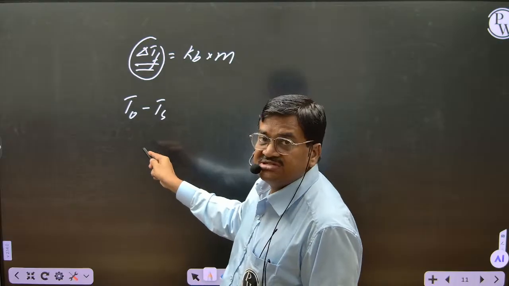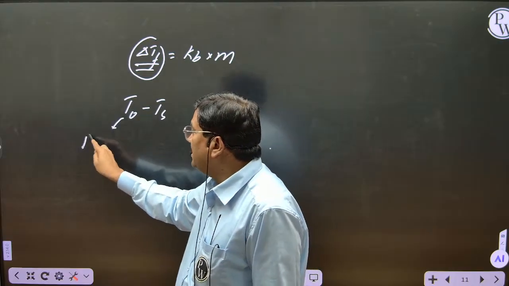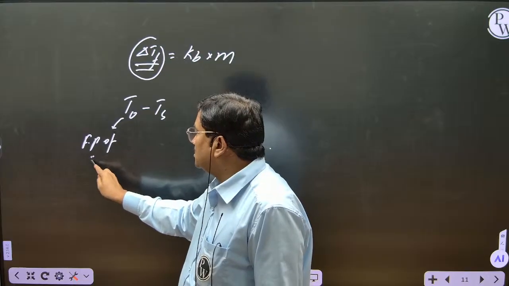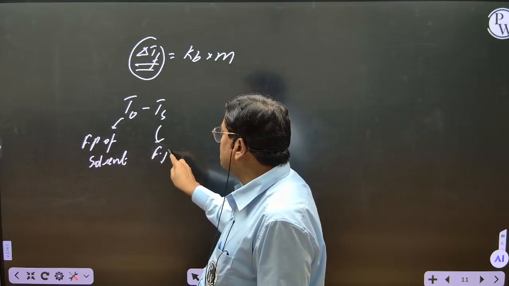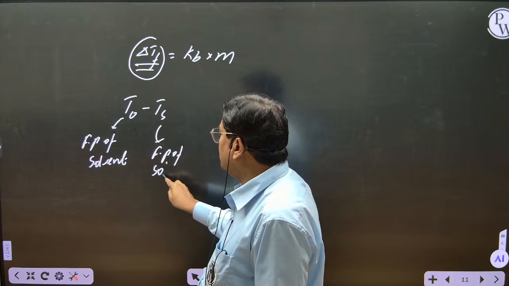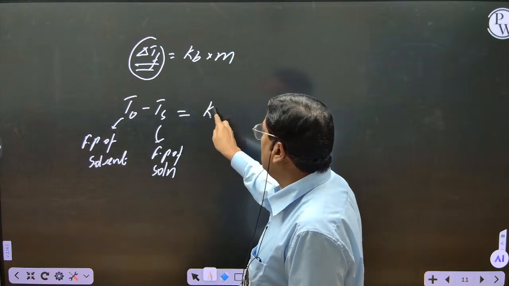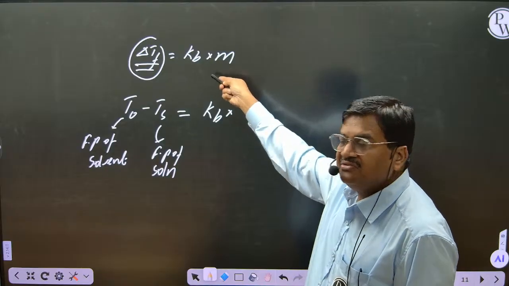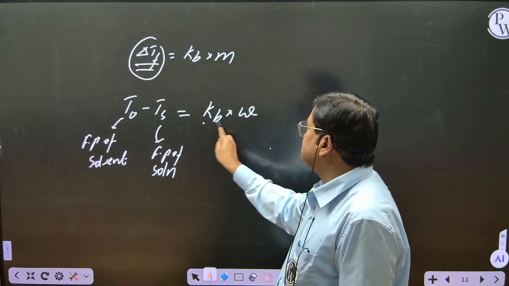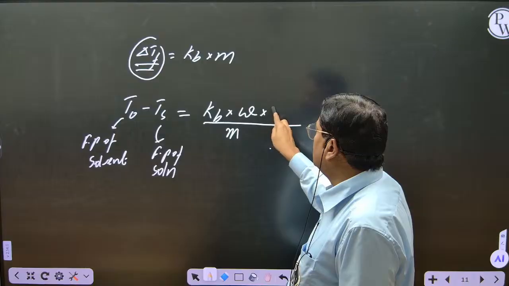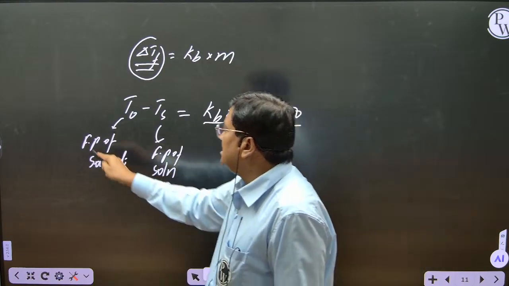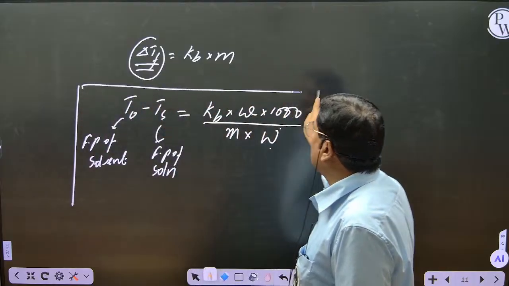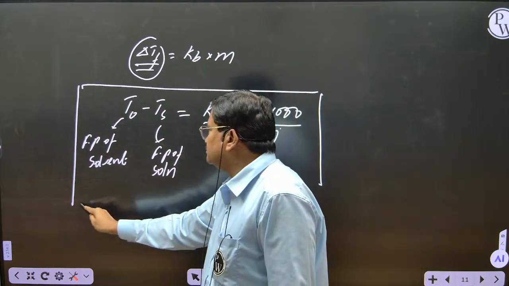T0 is the freezing point of solvent, which will be more, and this is the freezing point of the solution. This will be equal to Kf into molality, which is w by M into 1000 upon capital W. In this relation, you get a numerical in the exam.